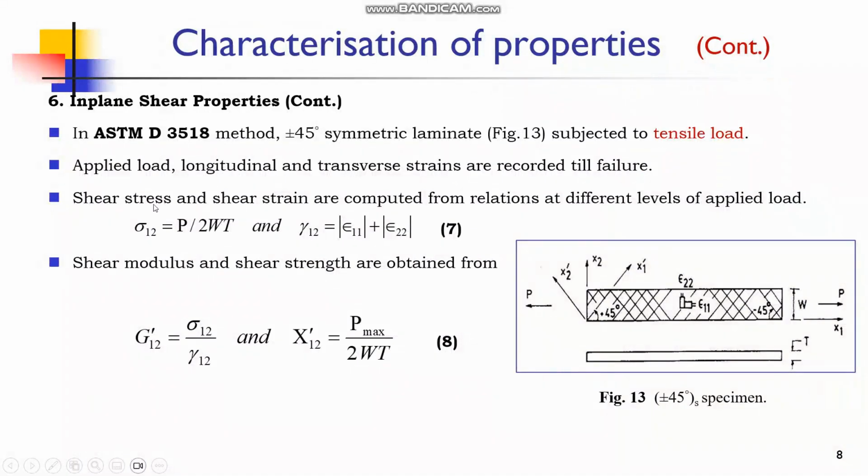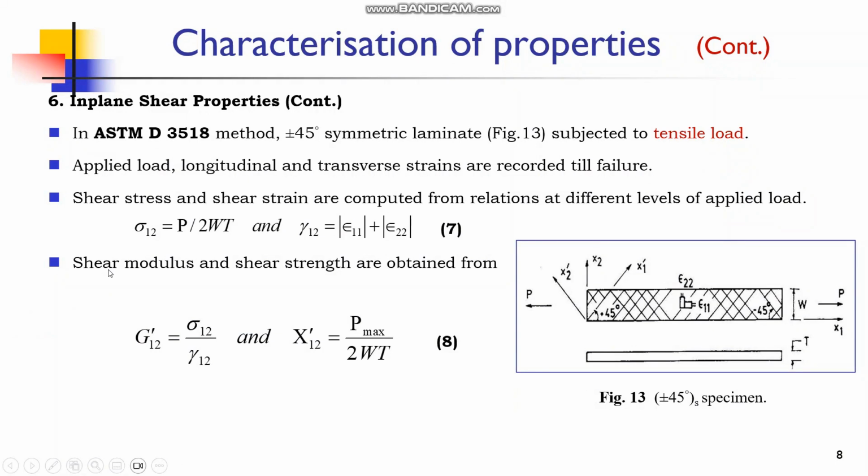Shear stress is computed using the relation sigma 12 is equal to load divided by 2 times cross section area. Load is equally shared between plus 45 degree and minus 45 degree fibers, and shear strain is nothing but the sum of longitudinal strain, that is epsilon 11, plus transverse strain, that is epsilon 22.